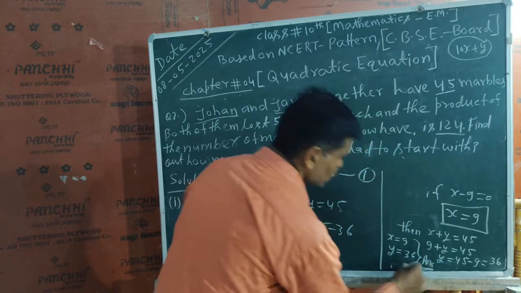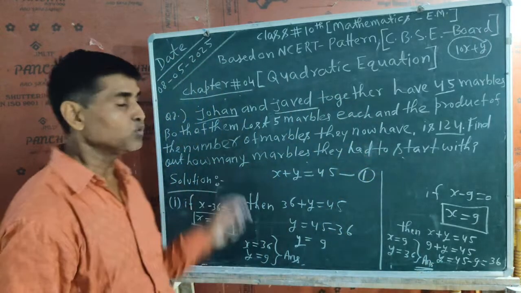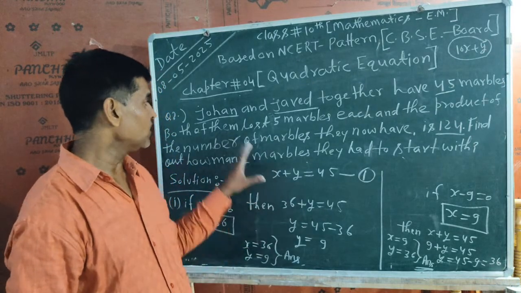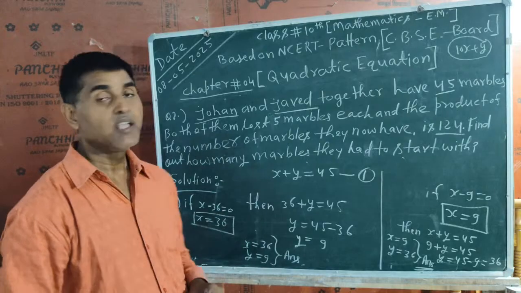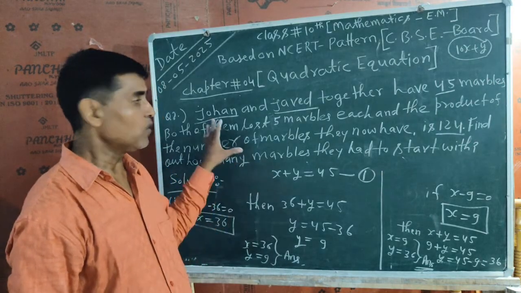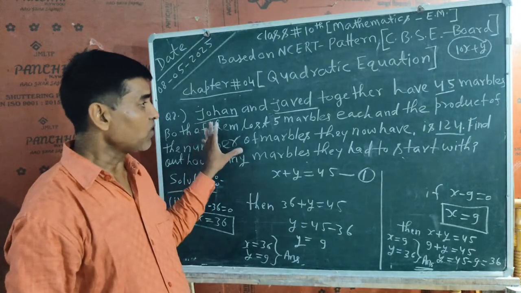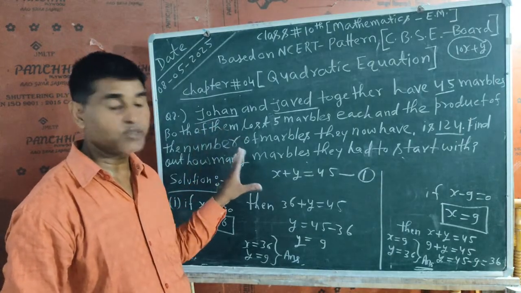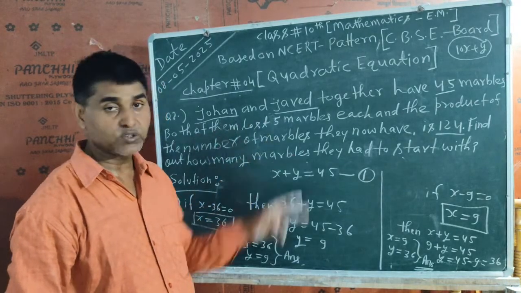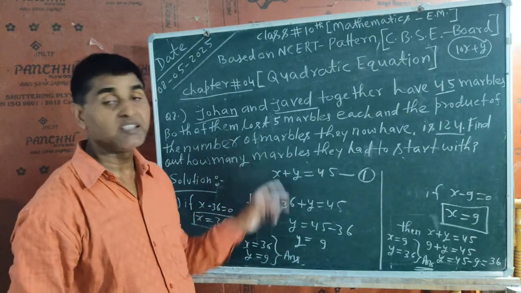Okay student, so according to this way the question has been solved. First of all you have to concentrate on the language question or word problem. First of all you have to read the word problem clearly according to the given information in the question, and you have to make an equation.